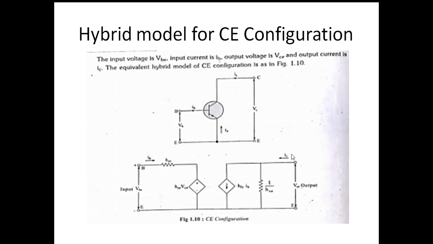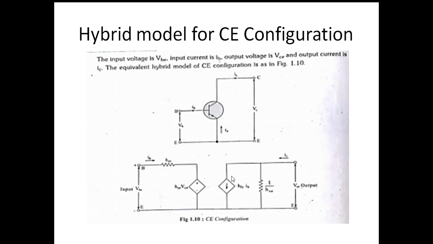Similarly, the second equation is a current equation, therefore the output current equation. The output current is the sum of two currents. Therefore, it is developed by Kirchhoff current law. The Kirchhoff current law says IC is equal to the sum of the other two currents.